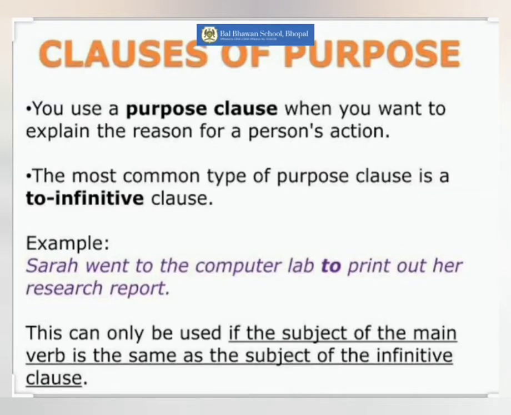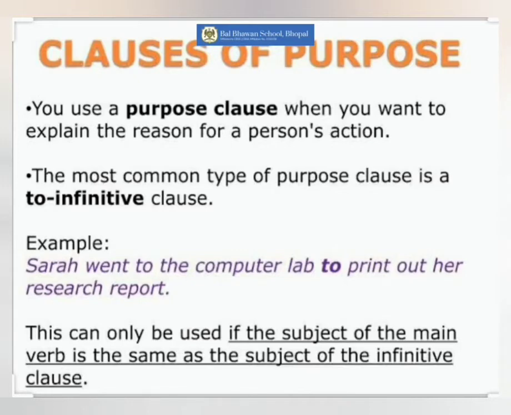Adverb clauses of purpose are subordinate clauses which answer the question why, or for what purpose was the main clause verb done. Subordinating conjunctions used in purpose are in order to, so as to, so that, for, lest, etc. For example, Sarah went to the computer lab to print her research reports.